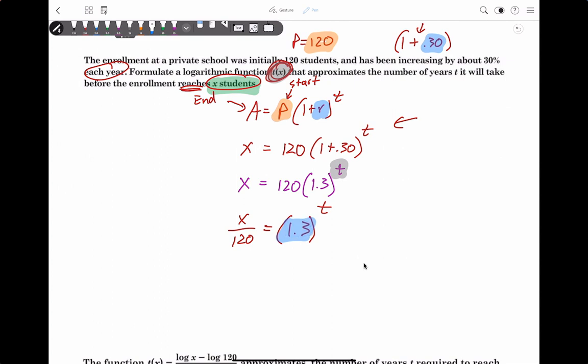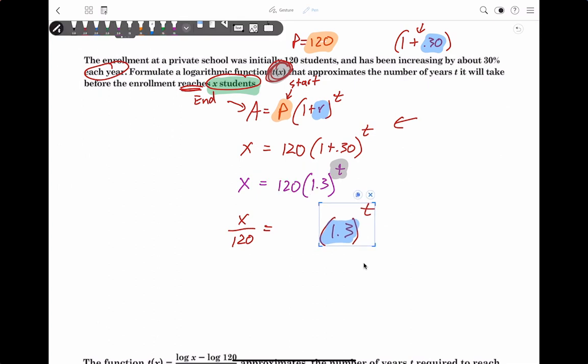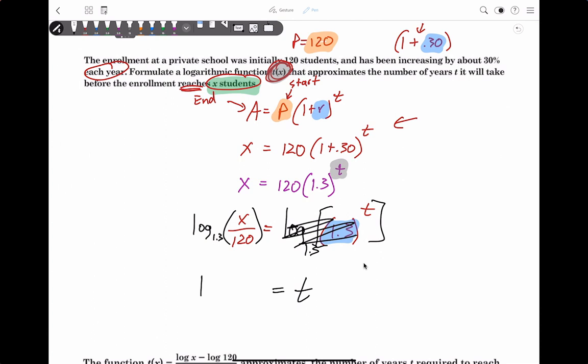Well, we're going to apply a log with a base of 1.3 to both sides. So log base 1.3 of this argument. Okay, notice that these will cancel and t will be left. And when you do the same on the other side, you're going to say the log base 1.3 of this. So t is equal to log base 1.3 of x over 120.